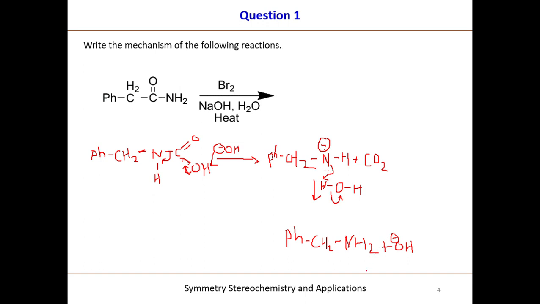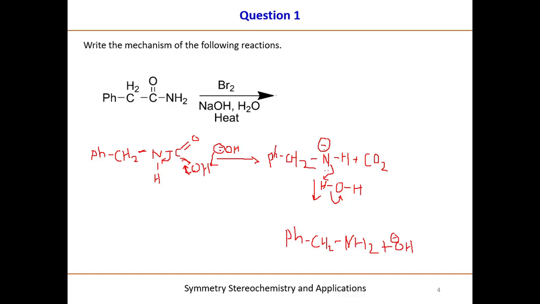So this reaction was a Hofmann rearrangement reaction. Whenever we have an amide group and it is given in halogenic, basic conditions, here bromine was given in basic medium, NaOH and H2O. The first step was deprotonation of the amide followed by nucleophilic attack of Br2.